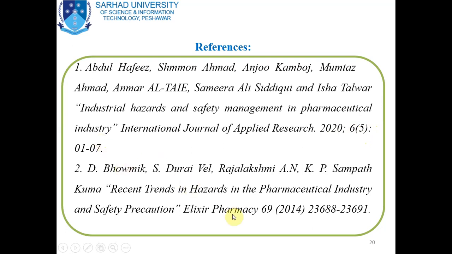Similarly, in the journal Lecture Pharmacy, the paper entitled Recent Trends and Hazards in the Pharmaceutical Industry and Safety Precautions, by the authors mentioned earlier, is in volume 69, published in 2014, and the page numbers are also given.